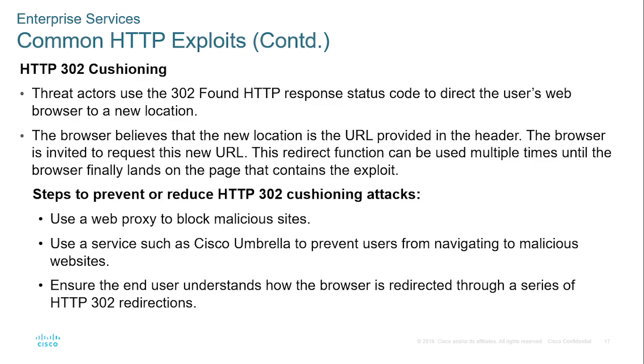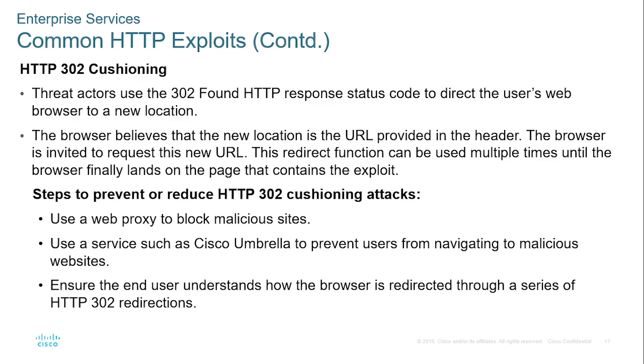In most cases, the browser is invited to request this new URL. So if you click a URL, the user is given another URL that is pointed to, and most of the time they are redirected to sites that are malicious.